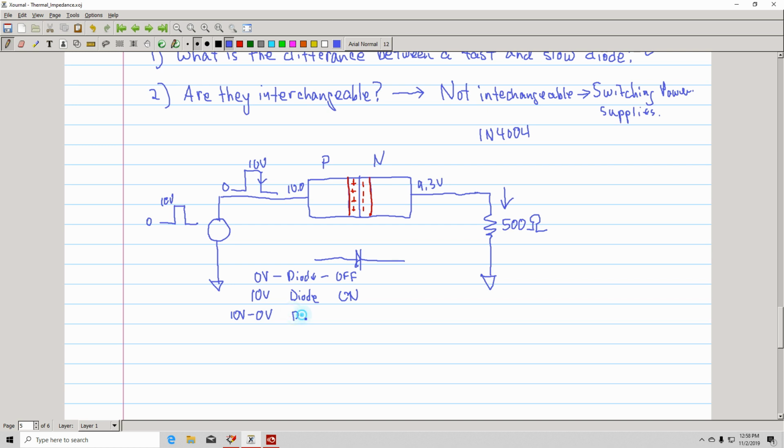And the condition of the diode, when it reaches 0, should be off. But in this case, it's not off. It's actually still turned on. It doesn't turn off, especially if it's a slow diode.